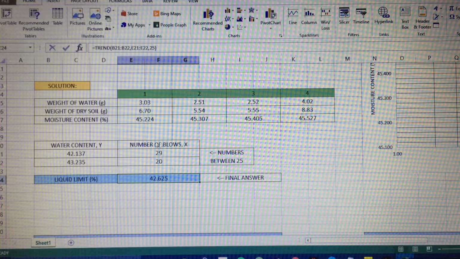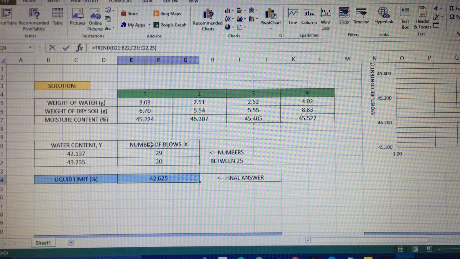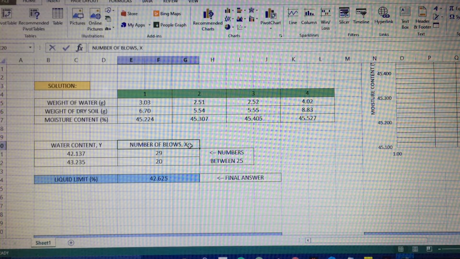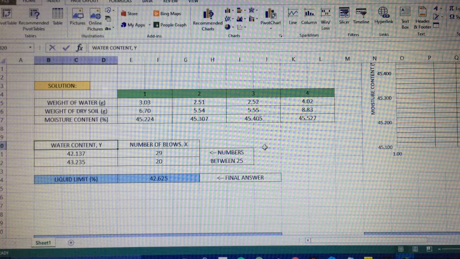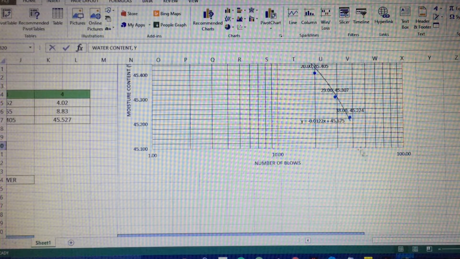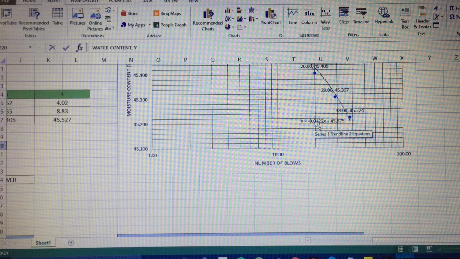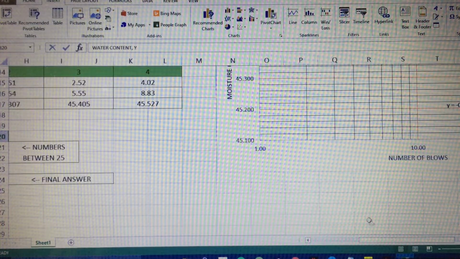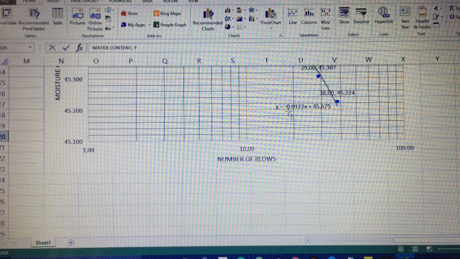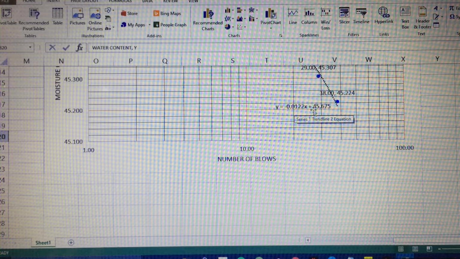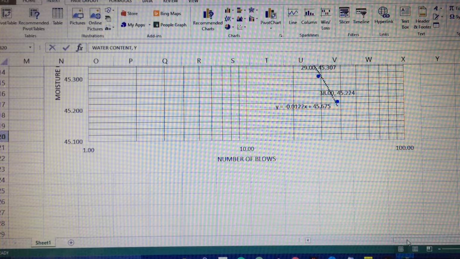So, we let the number of blows as x and water content y. Diba dito meron tayong equation. So, ito yung equation for getting the water content. Again, negative 0.0122x plus 45.675.